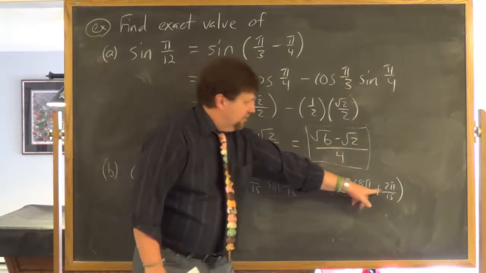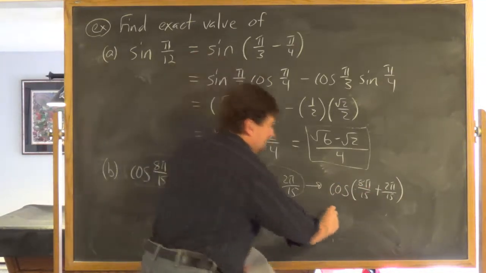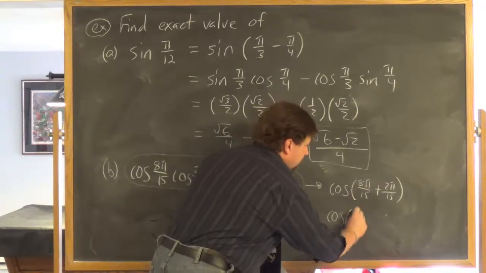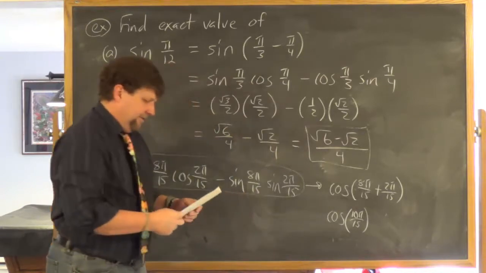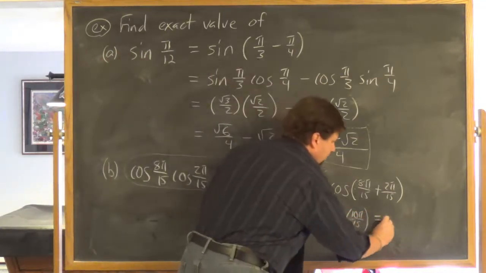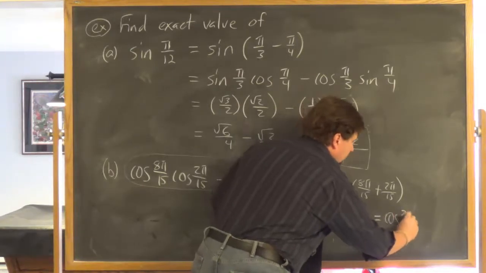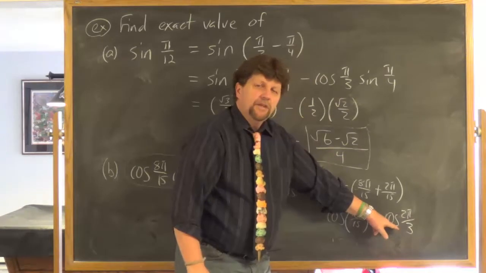I can add these two together, 8 pi over 15 plus 2 pi over 15. That's 10 pi over 15, which reduces down to 2 pi over 3, and that's something that we know off the unit circle.